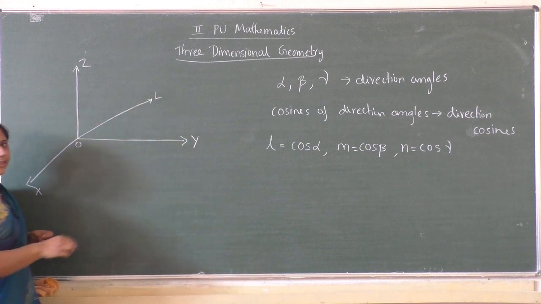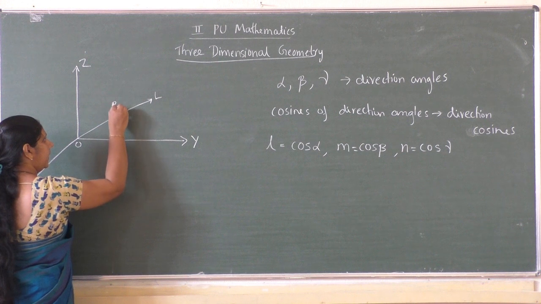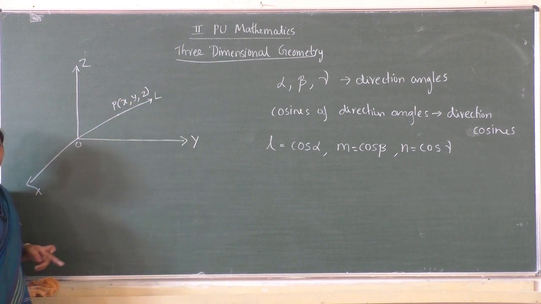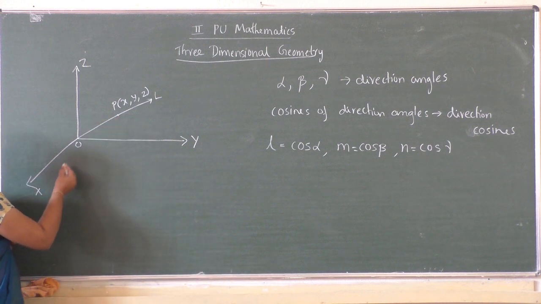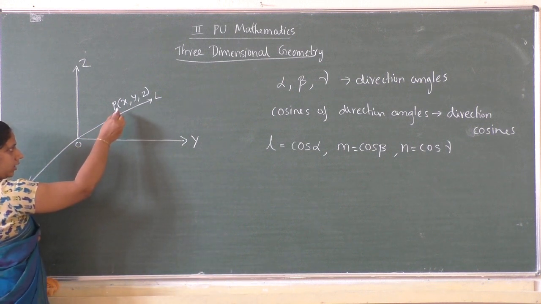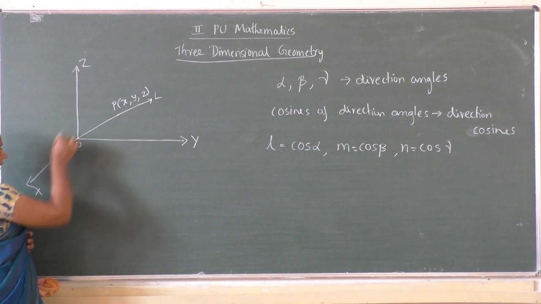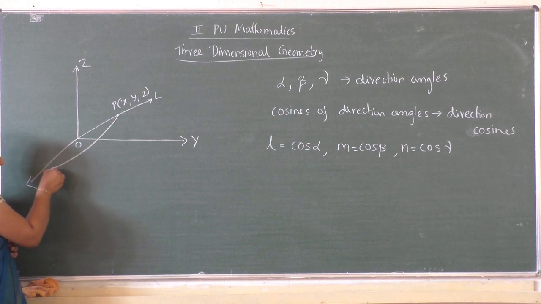Now this is the directed line L. I will consider one point P, take its coordinates as x, y, z, on the directed line L. Now draw a perpendicular from point P to the x-axis.